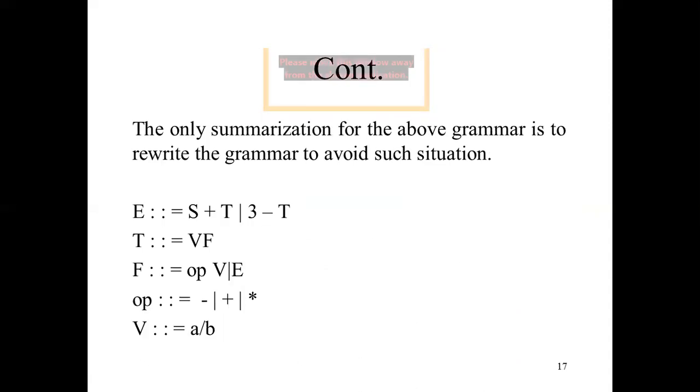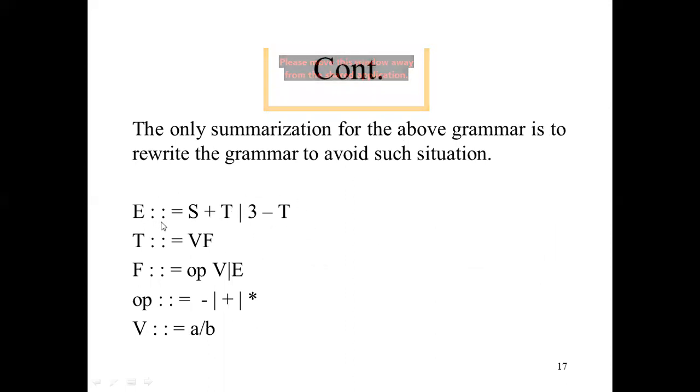Another thing we can handle is this grammar. Here we are improving our grammar to rewrite the situation, because in the preceding one we had some problem. So we have to replace the grammar.